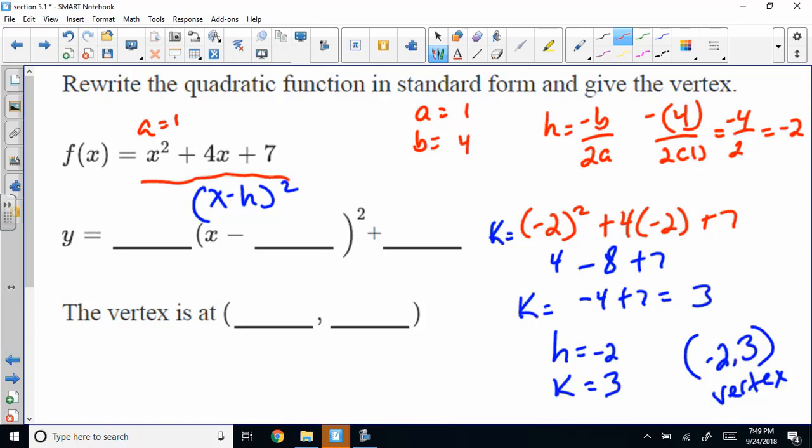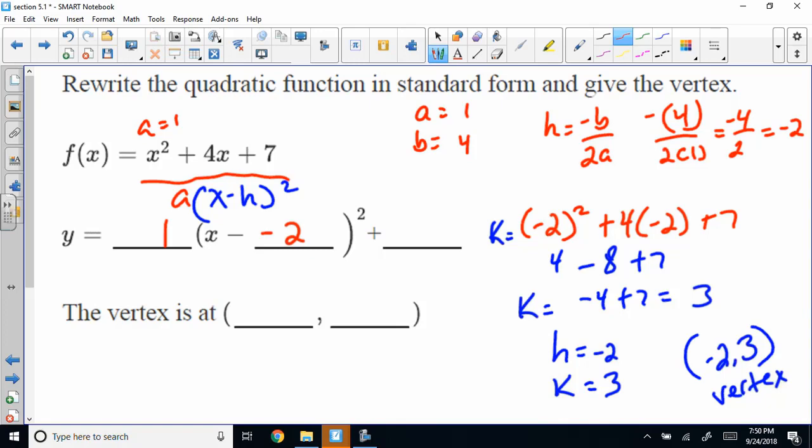That's the same A of the vertex form, right? So that's a 1. Minus, well, it's negative what? 2, right? I don't like this, because we're thinking, okay, that really should be X plus what? 2, right?